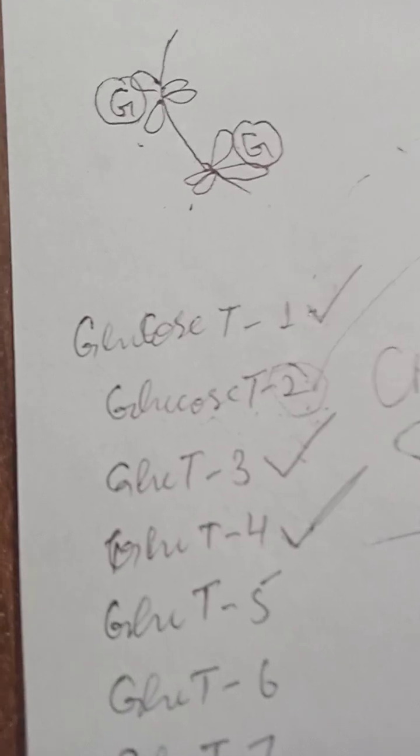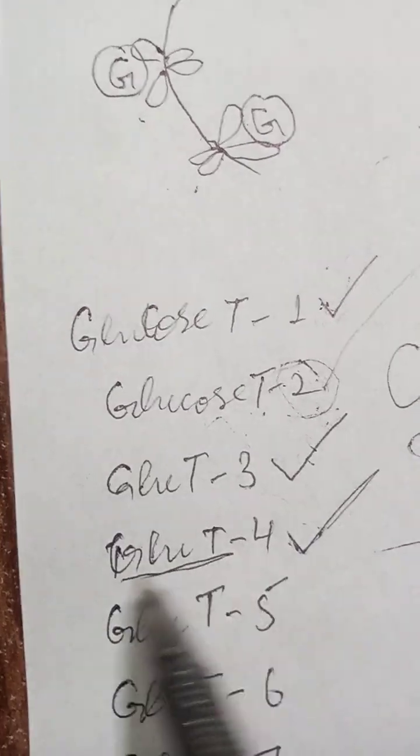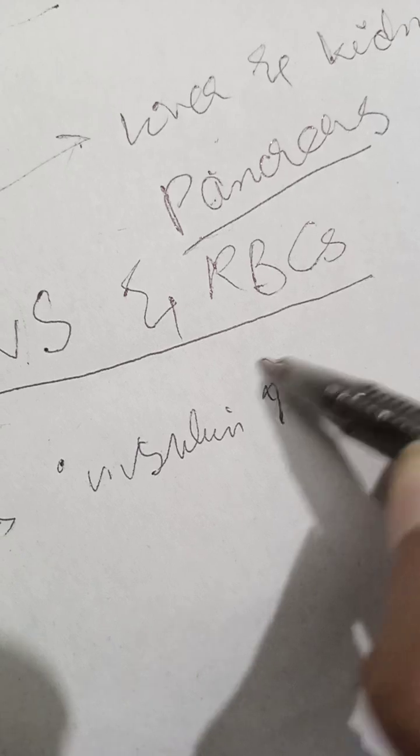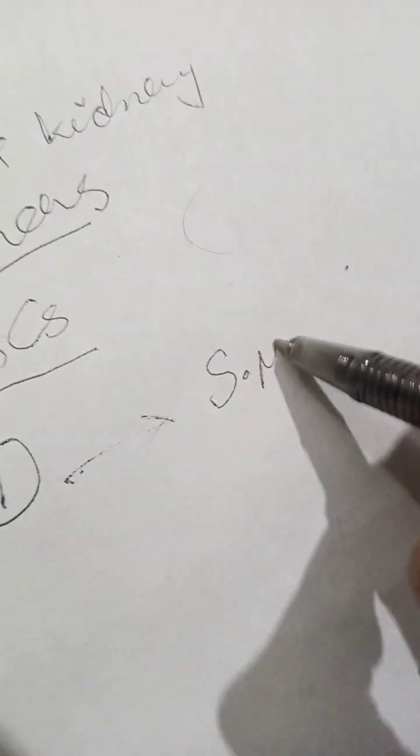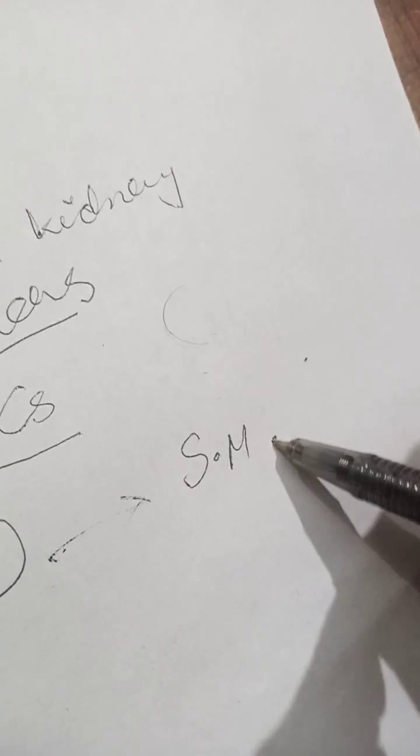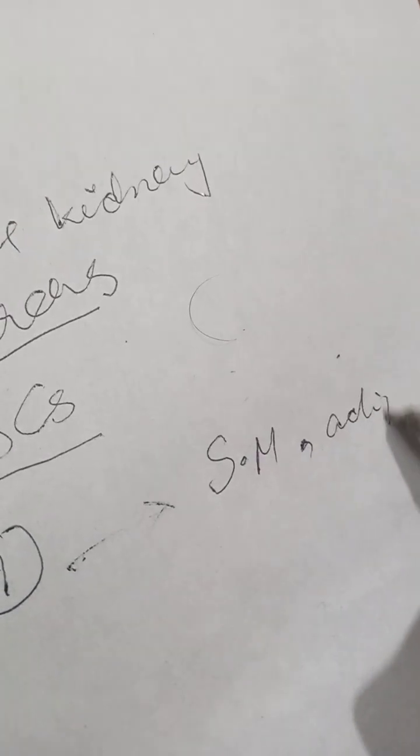If you have a lot of glucose in your blood, what happens? Insulin amount increases. And that insulin goes towards the cells of the skeletal muscles or into the adipose tissues.